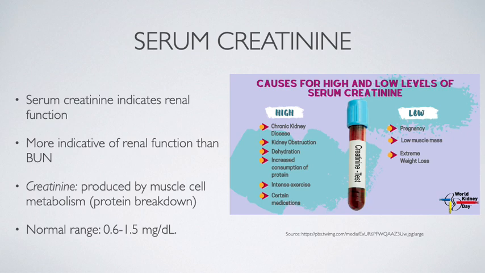So serum creatinine, first of all, is going to be an indicator of kidney function, kidney disease, anything going wrong with your kidneys, dehydration, volume problems. It indicates what is going on with the fluid level in your body.